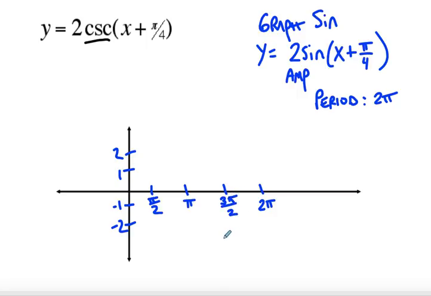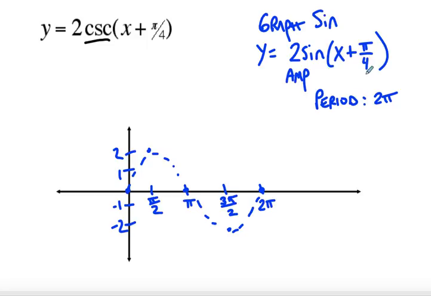So if I graphed sine, it would have a beginning and a middle and an end at 0. The amplitude is 2, so it would go up 2, and here it would go down 2. Now all I've done is sine with the period and the amplitude.